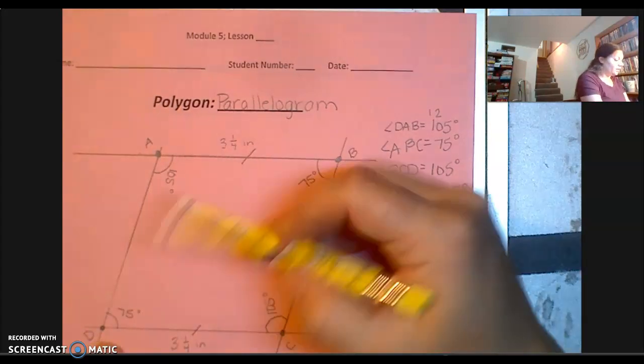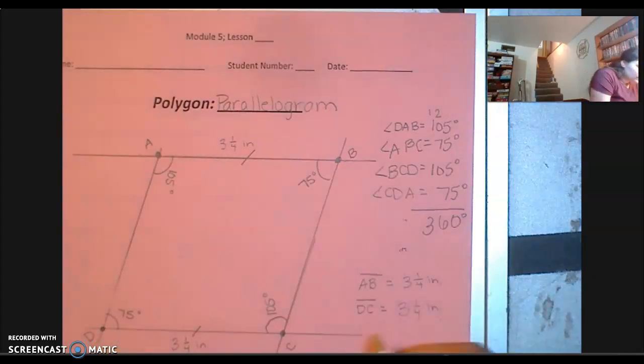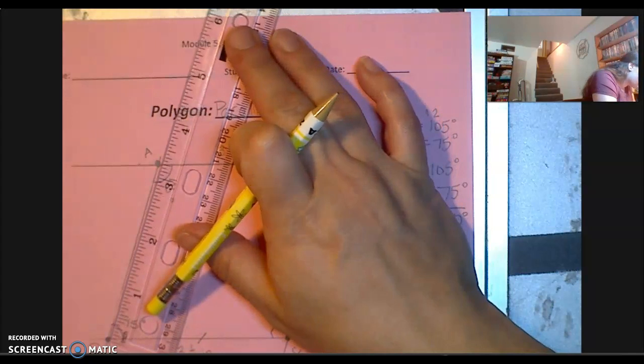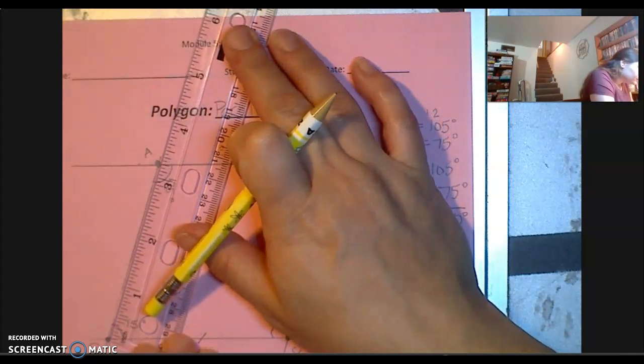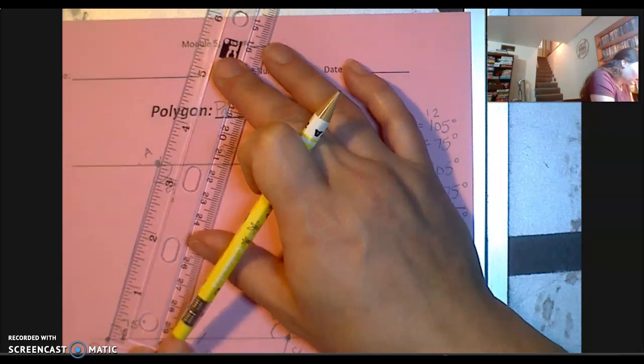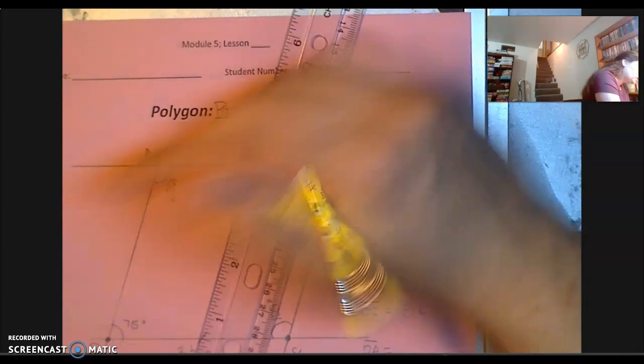Next, we're going to look at line segment DA. That is where points D and A are connected. And so I'm going to call it DA. And we'll take our ruler and measure to the nearest 1/4 of an inch. And it looks like, again, this one is equal to 3 1/4 inches.